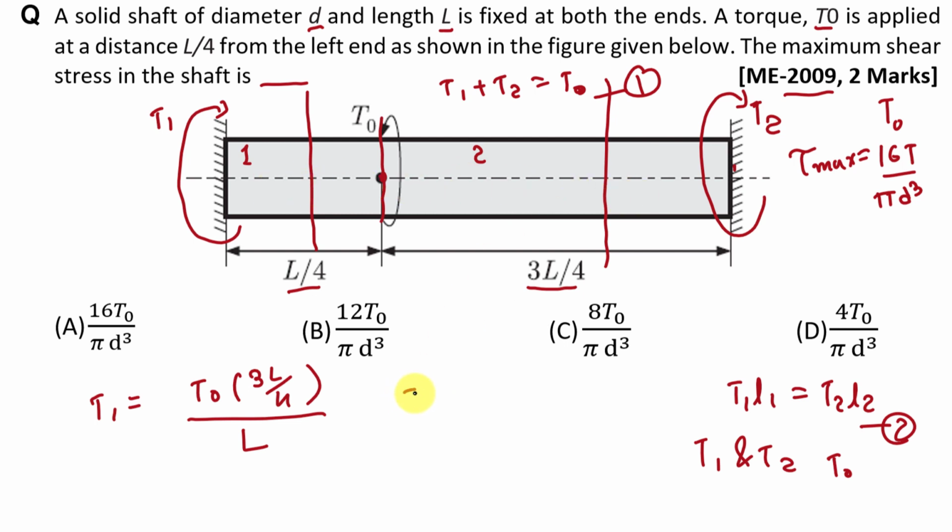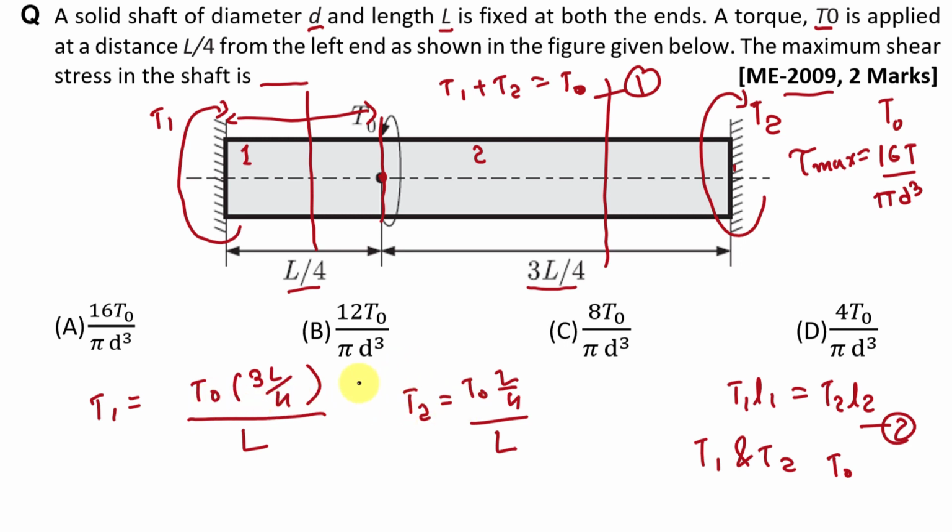And if we want to find out T2, then we have to take this opposite distance, that is L by 4, into this T0, that is the twisting moment applied at this end, divided by the total length, that is capital L. So now you can directly find the values of T1 and T2 in terms of T0.